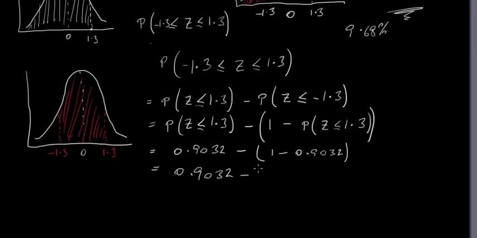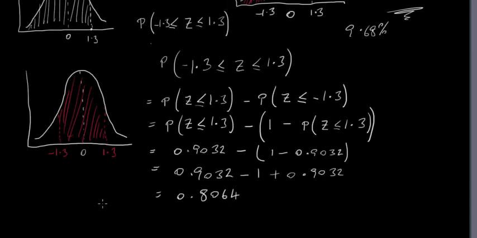0.9032 minus 1 plus 0.9032, and when you calculate that, you get 0.8064.